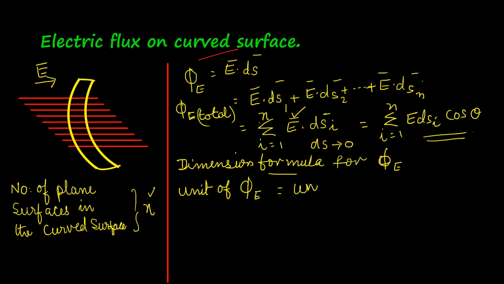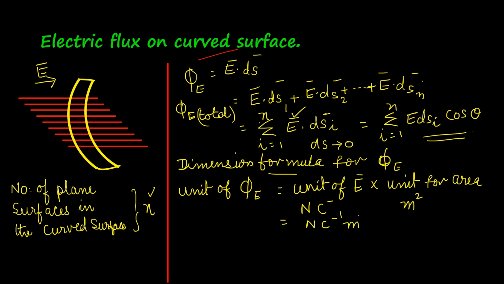The unit of electric flux is equal to the unit of electric field into the unit of area. The unit of electric field is newton per coulomb, into the unit of area, namely meter square. This becomes equal to N per coulomb meter square, that is N meter square per coulomb. This is the unit of electric flux.